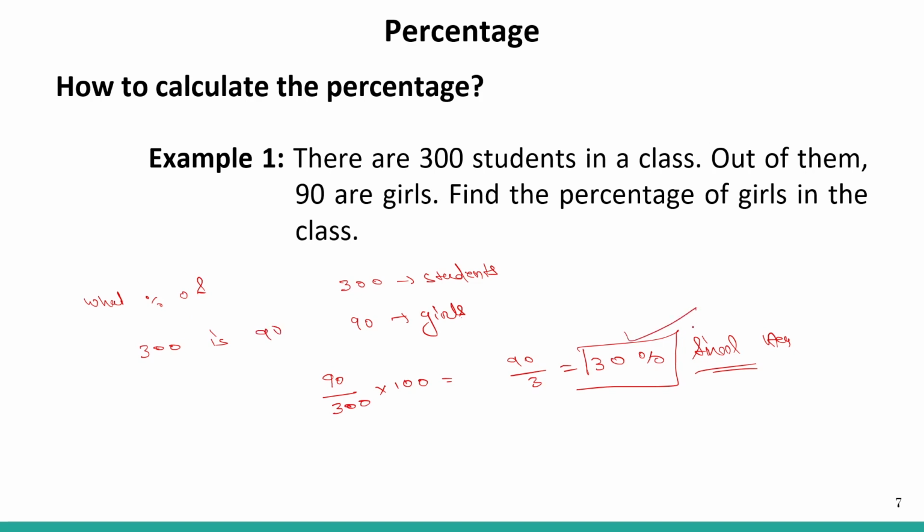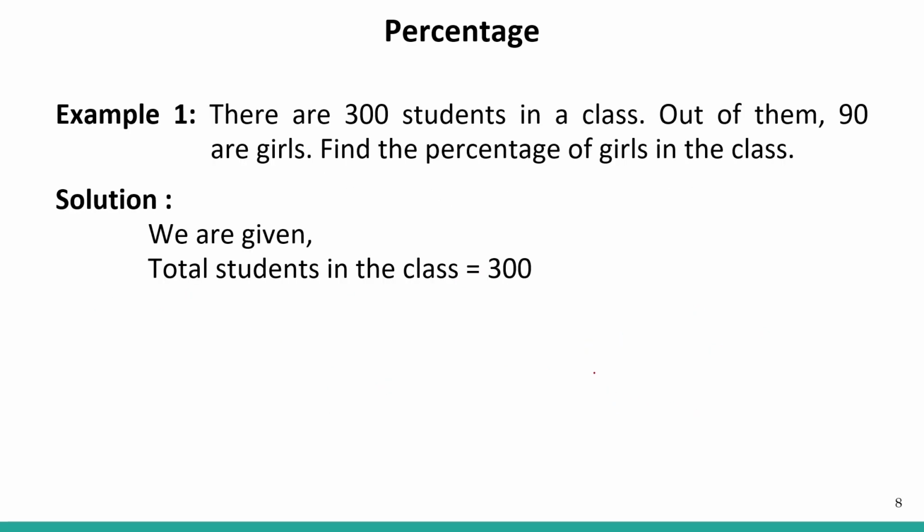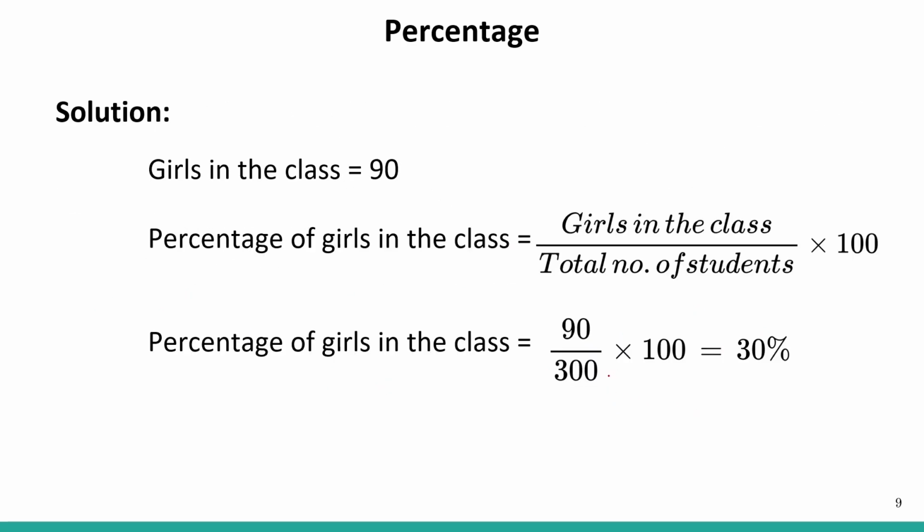So this is 30%. So 30% will be the answer. We are given total students in the class 300. So girls in class is equal to 90. Percentage of girls in the class is equal to girls in class by total number of students, that is 90 by 300, multiplied with 100, is equal to 30%.